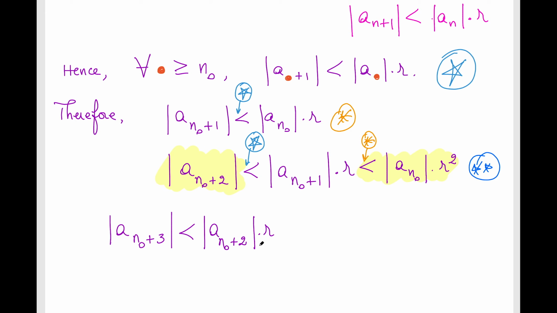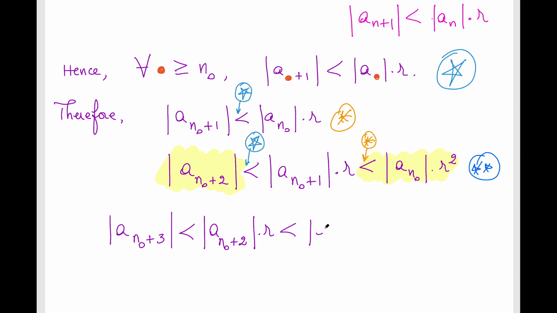What do I want? I have the absolute value of a_{n0+2} times r. So let's multiply both sides by r. Multiply here by r and multiply here by r. This becomes r times the absolute value of a_{n0+2}, smaller because r is positive, than this times r, which means the absolute value of a_{n0} times r cubed. Correct?